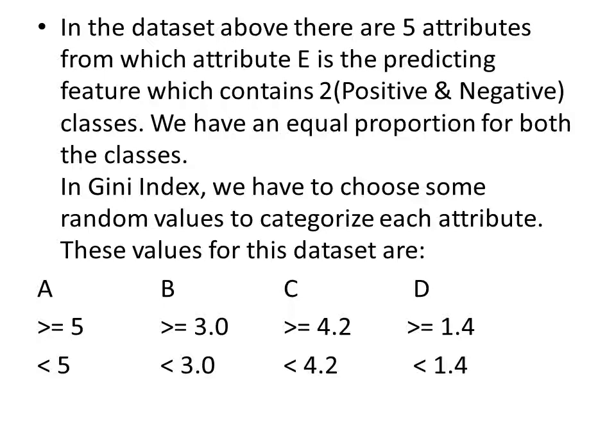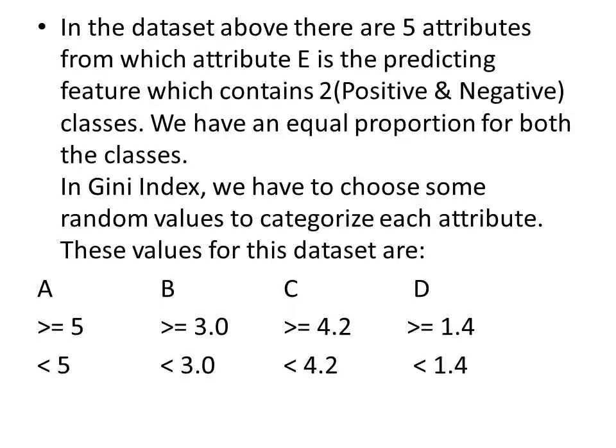For the variable A, the random values chosen are greater than or equal to 5 and less than 5. For B, it is 3.0, that is greater than or equal to 3.0 or less than 3.0. For C, 4.2 is the random value, so C is greater than or equal to 4.2 or less than 4.2.